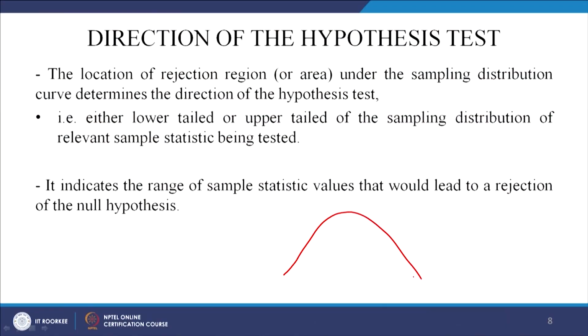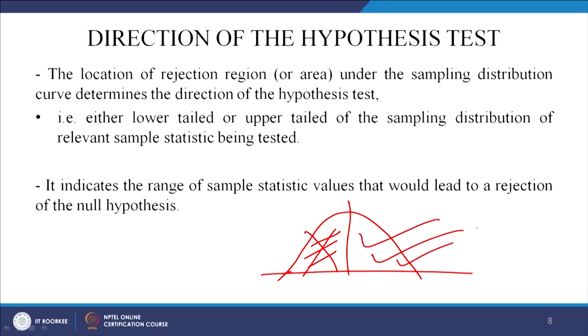Then in the normal distribution, I am not interested in the negative side. I am interested in whether it is increasing or not, so I am looking at only this side, right.